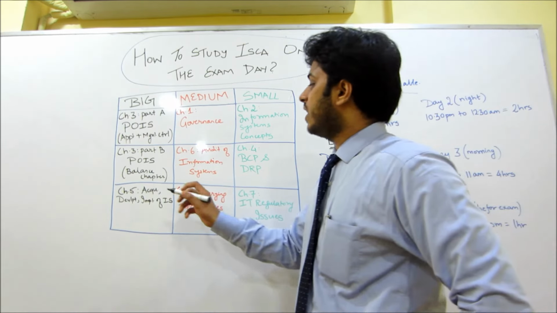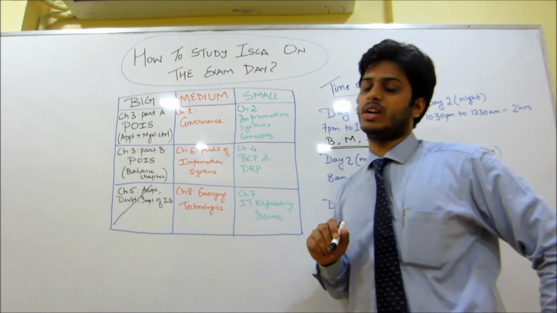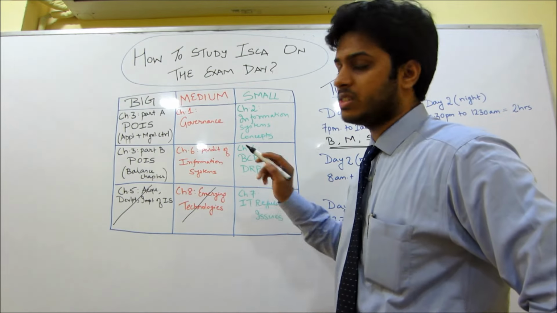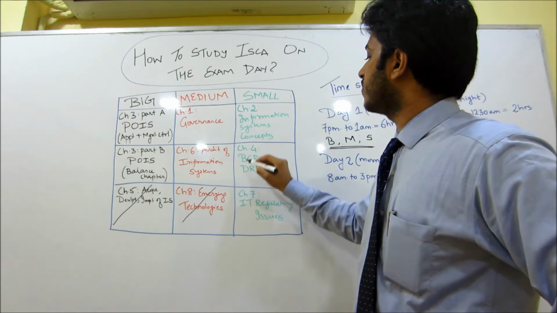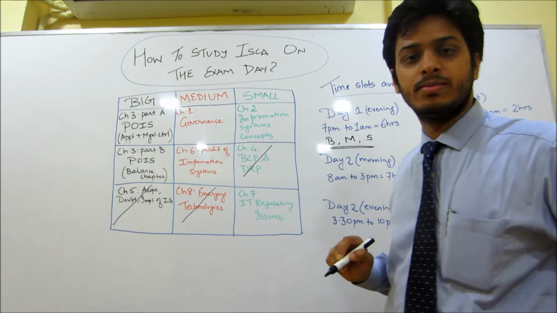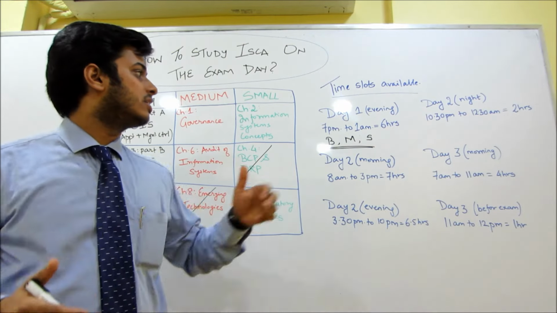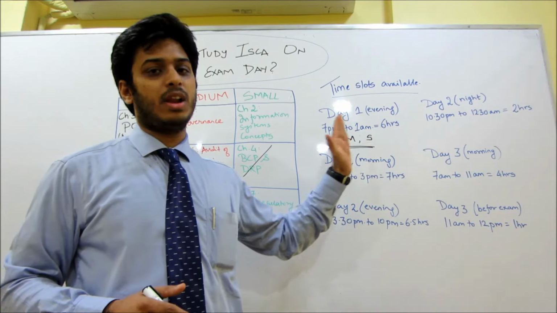For example, suppose I take Acquisition, Development and Implementation of Information Systems, that is chapter 5. Suppose I take Emerging Technologies as the second chapter from the medium category, and from the small category, suppose I take BCP and DRP. This has to be done till your day 1 end, that is till the time you sleep: 1 big, 1 medium and 1 small.